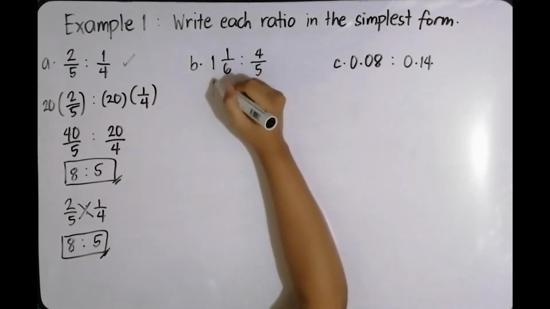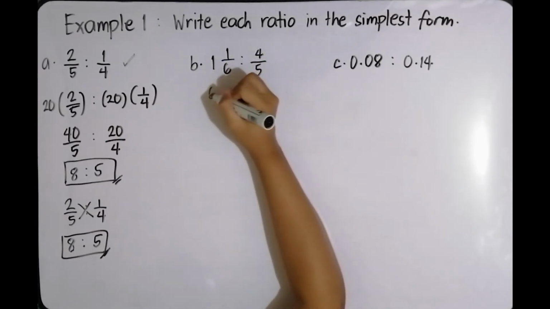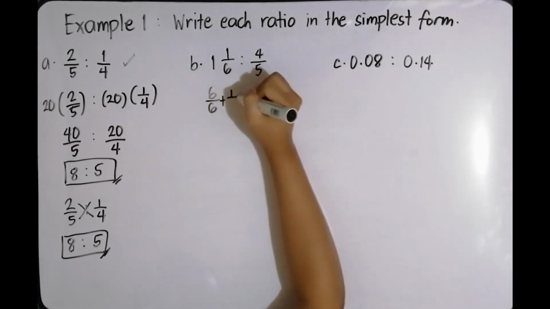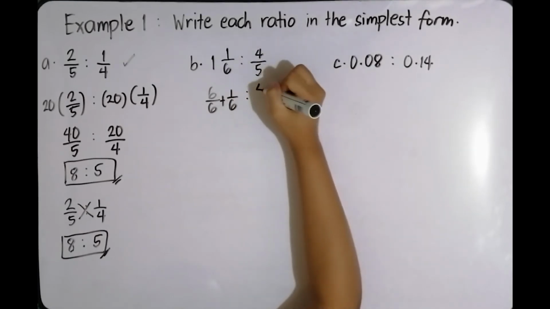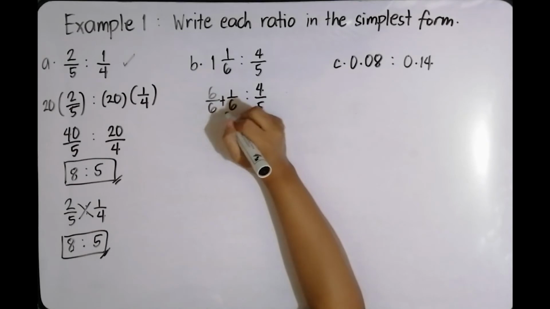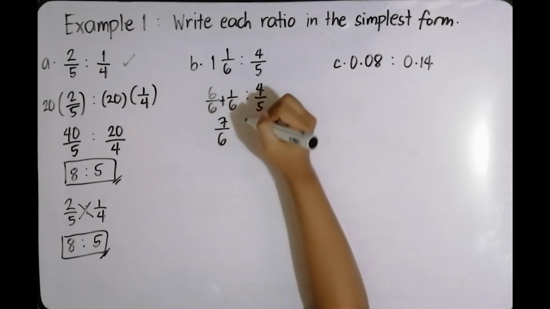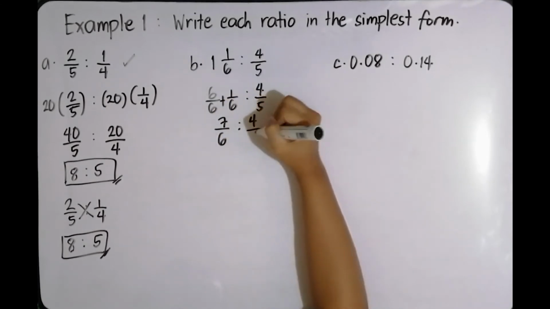So we have 1, which has a denominator of 6, so we have 6 over 6 plus 1/6 is to 4/5. Since they have the same denominator, I'll just copy the denominator, then 6 plus 1 is 7, so 7 over 6 is to 4 over 5.